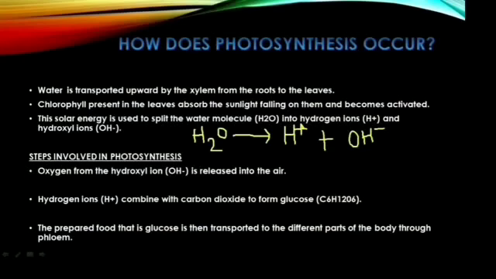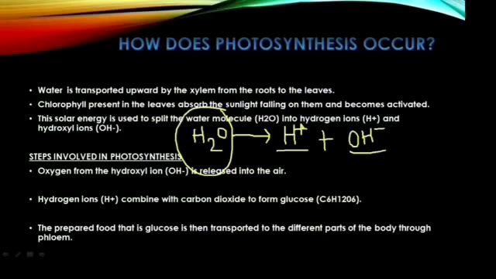So the breakdown of water molecule into hydrogen ions and hydroxyl ions is known as photolysis, or simply splitting of water molecule. Next, the products which are formed in this reaction of splitting of water, children, are not just useless. They will further undergo reaction in a series of steps.